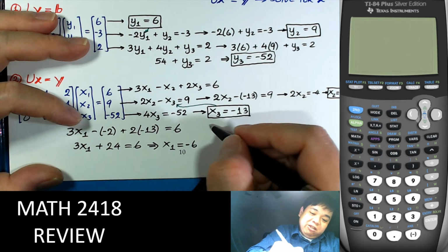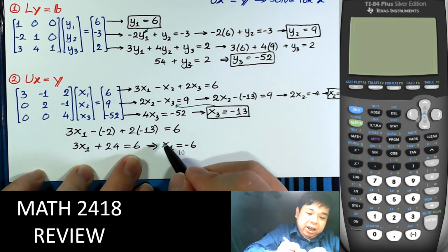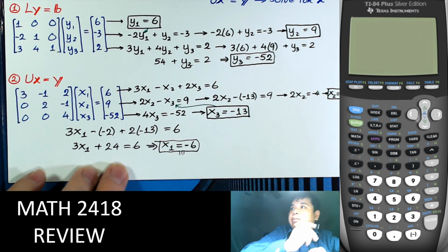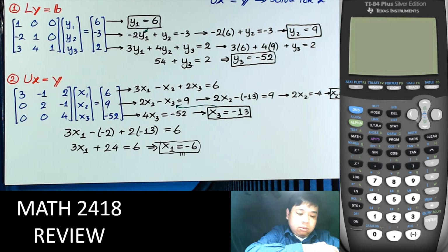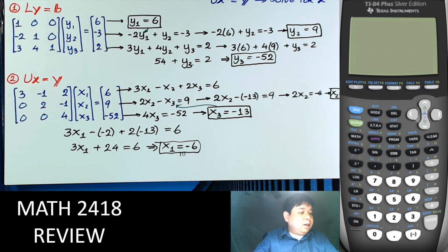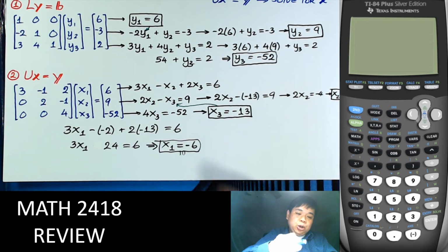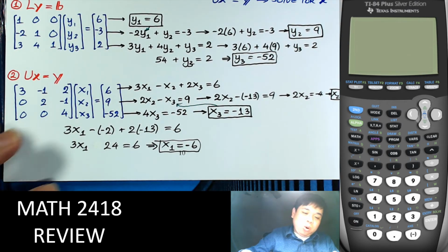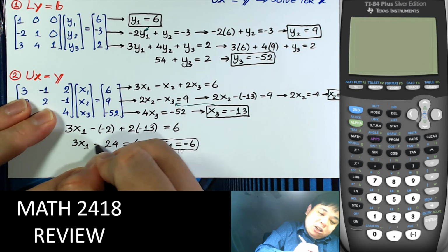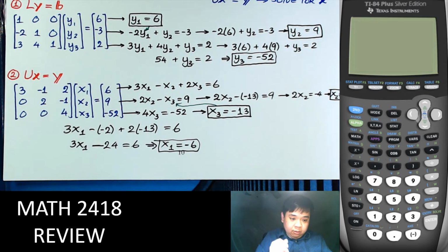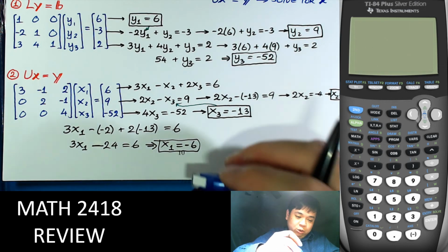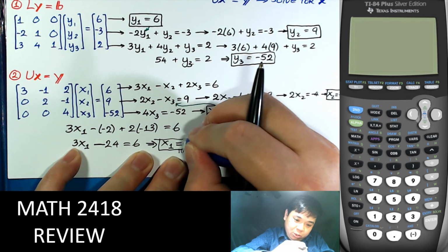Actually, if we do the math correctly, this 2 minus 26 is minus 24. Move the 24 over, that will be 30 divided by 3, so it's 10.